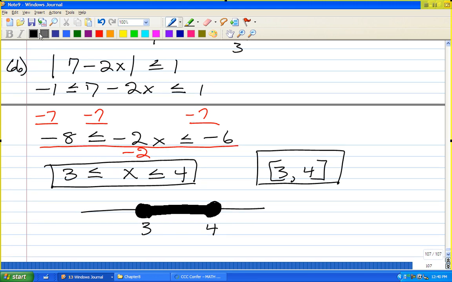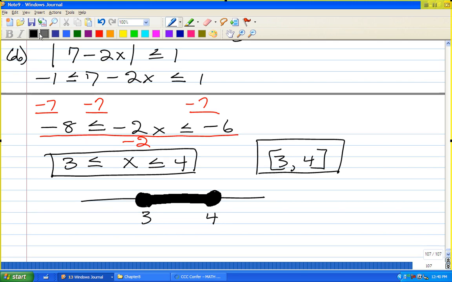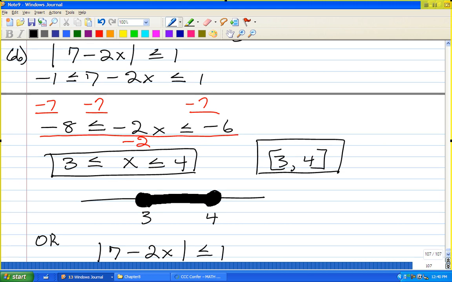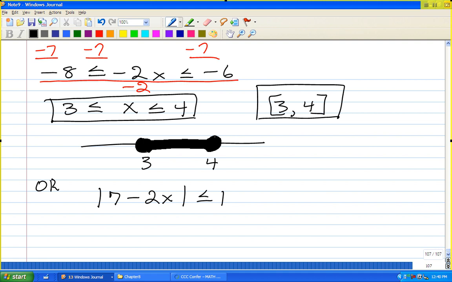Maybe I'll do this a slightly different way. Any questions about this? Okay, let me do it a slightly different way. Absolute value of 7 minus 2x less than or equal to 1. This is the same as if I factor out a negative sign, the absolute value of negative 7 plus 2x.